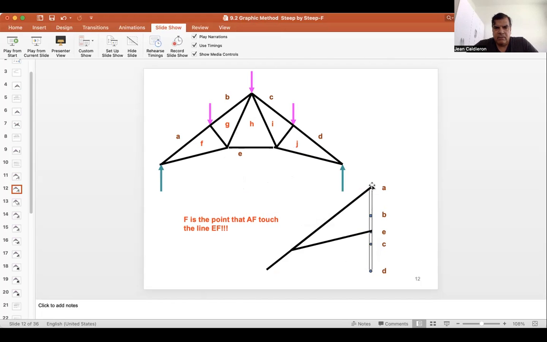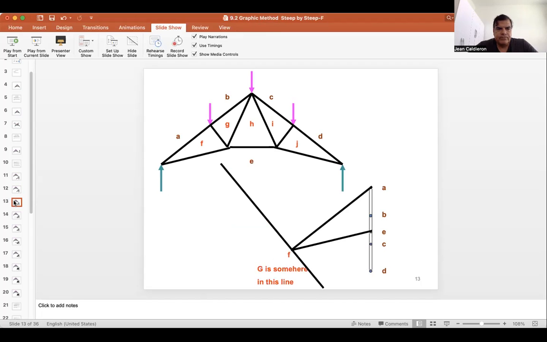One starts at A and finishes at F, the other starts at E and finishes at F. Where is F? The place where they touch. That is the new point that is called F. Well, I can draw in my diagram the point F. Let me just copy and paste and have my F here. Okay? And you will be doing this by hand.